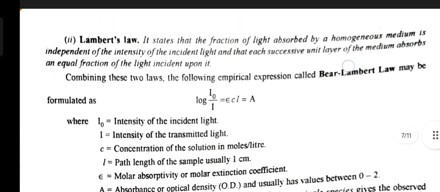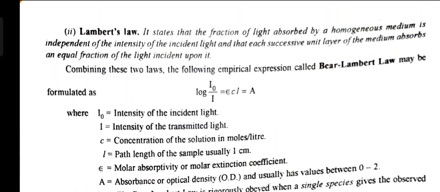Now, second, Lambert's law. It states that the fraction of the light absorbed by a homogeneous medium is independent of the intensity of the incident light, and that each successive unit layer of the medium absorbs an equal fraction of light incident upon it. Combining these two laws, the following empirical expression called the Beer-Lambert law may be formulated.